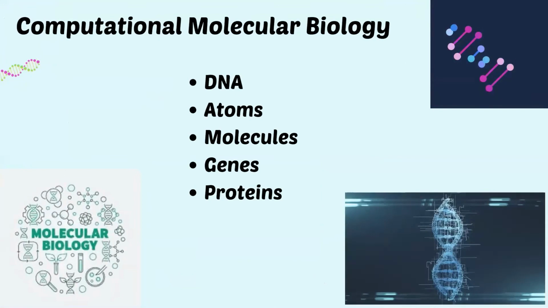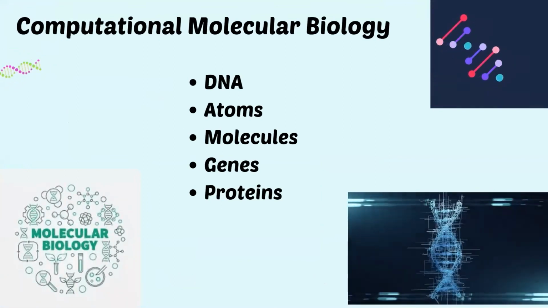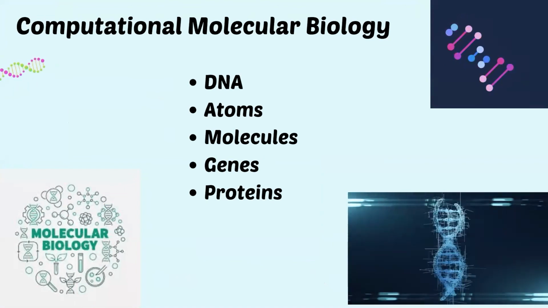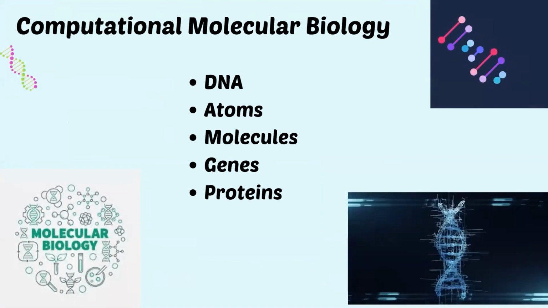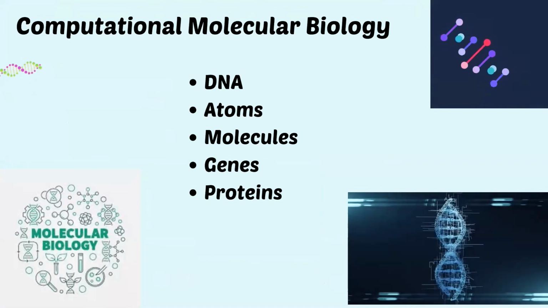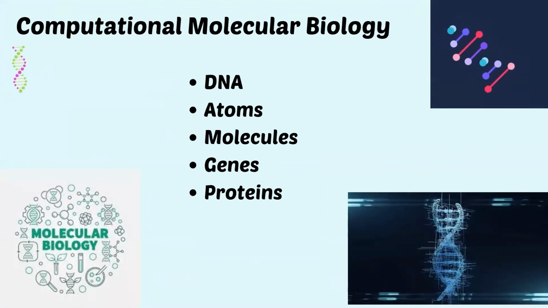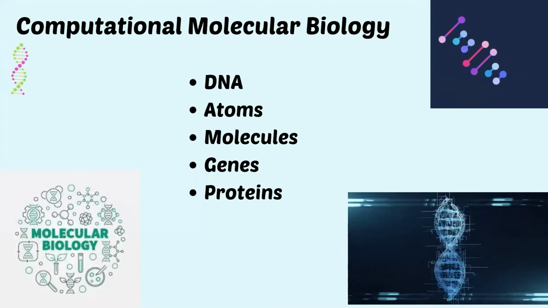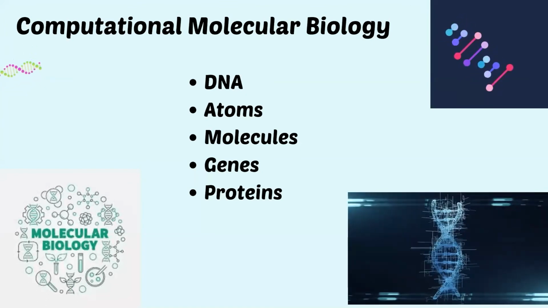So the next area is computational molecular biology. Computational molecular biology mostly deals with the studies of DNA, atoms, molecules, genes, protons, everything that is related to biology. Then taking the combinations of this. Let me tell you an example in DNA matching.